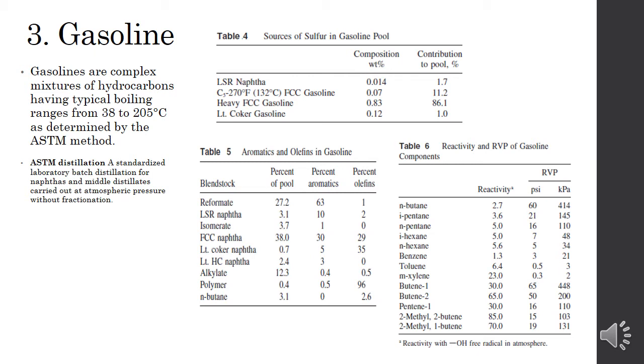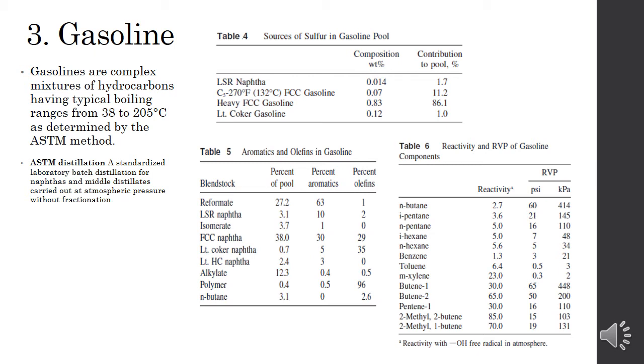Gasolines are complex mixtures of hydrocarbons having typical boiling ranges from 38 to 205 degrees centigrade as determined by the ASTM method. Components are blended to promote high anti-knock quality, ease of starting, quick warm-up, low tendency to vapor lock, and low engine deposits.